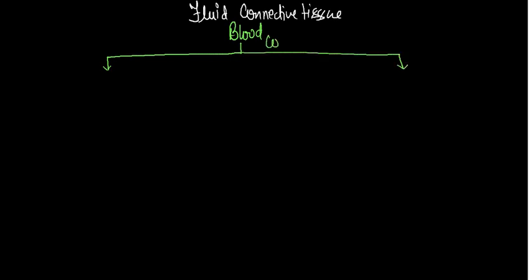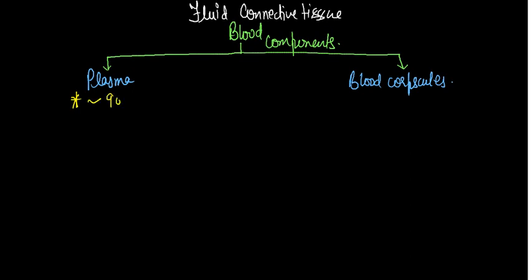The first one is called plasma and the second one is called blood corpuscles. Clear? Plasma occupies approximately 90% of our blood.